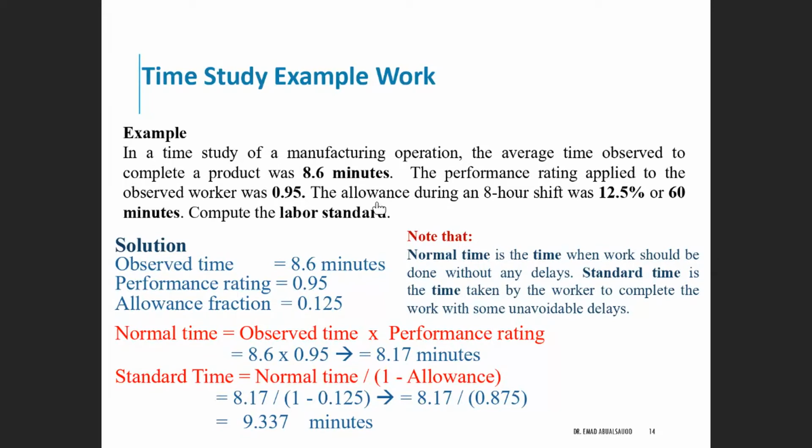The performance rating, meaning the job evaluation or performance evaluation, was 0.95, and that's usually set by the company, or the process engineer or the production engineer, or if it was a service, like you as an industrial engineer, you put the performance rating.